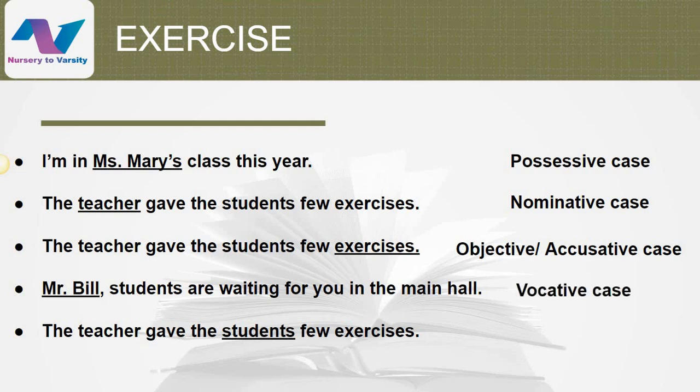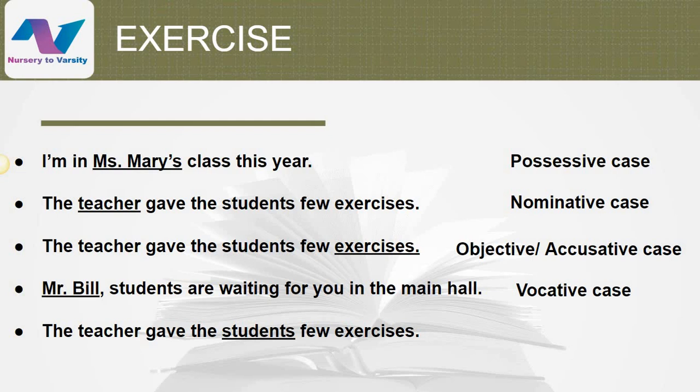For the last example, the teacher gave the students few exercises. Now, this is a bit tricky, I guess. The teacher is simply the subject of the sentence. Gave is the verb. Exercises is the direct object. Now, what about "students"?